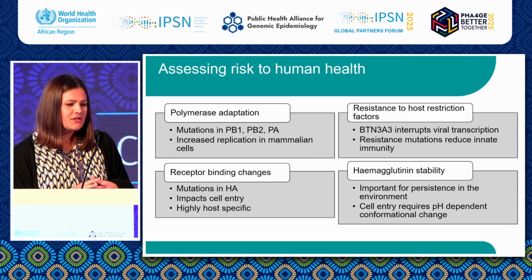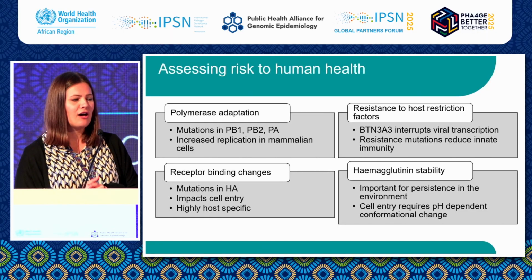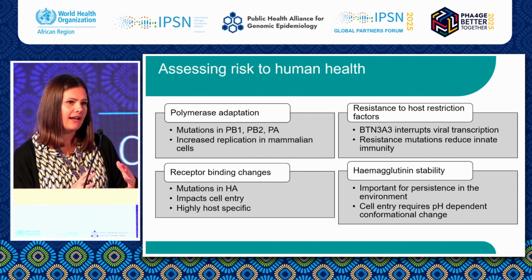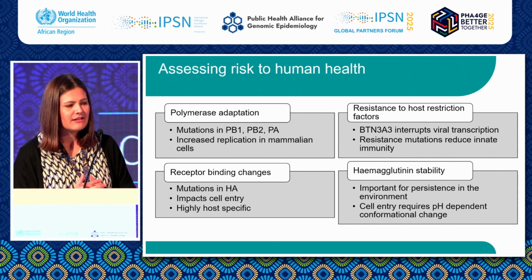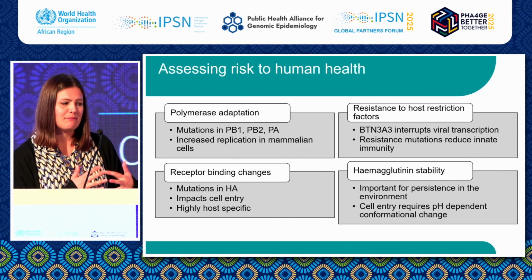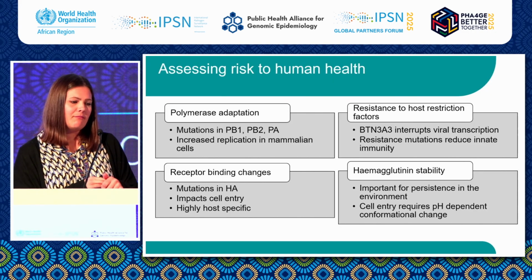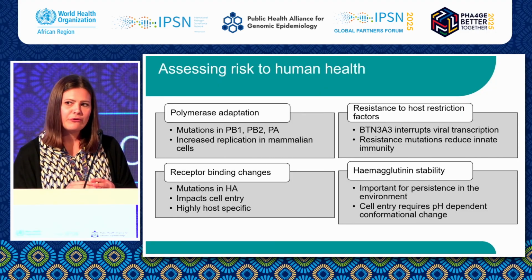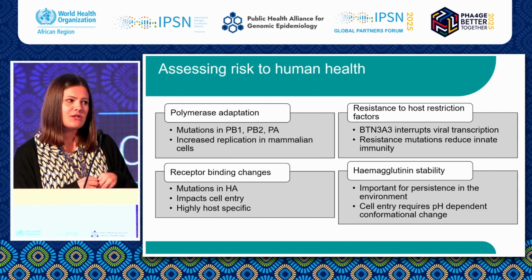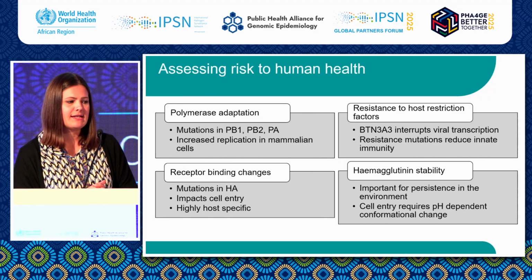And the last 2 are the most important, but also the most complex, and they are based on the HA segment and the host specificity of that. So we look for changes in the receptor binding specificity across HA, and that is highly host-specific, but also tissue-specific. So you will see different tissues that are infected in different people based on this receptor specificity.